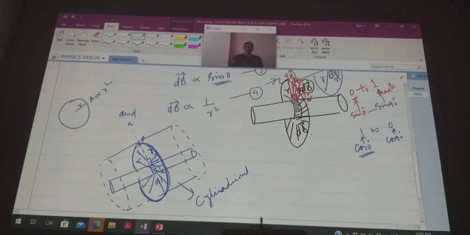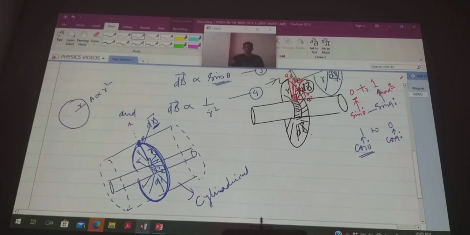This is the elementary part and this is called dB, and we have to find dB at point P. When the point is increasing, or far away from the dl length, the magnetic field dB will be decreased.